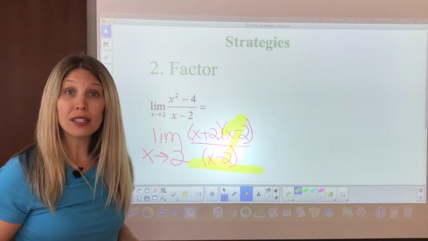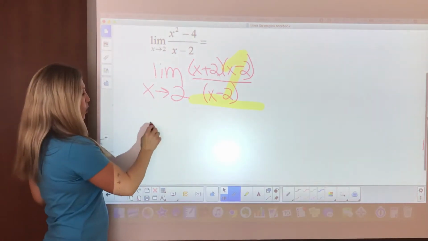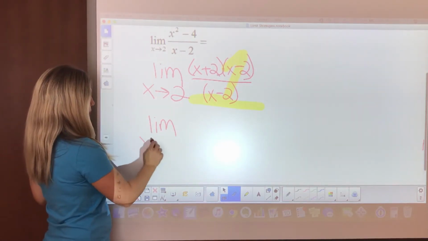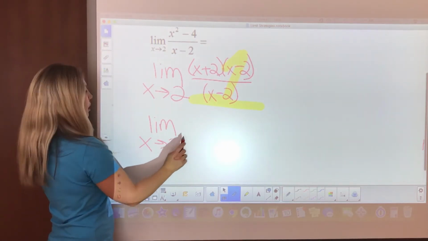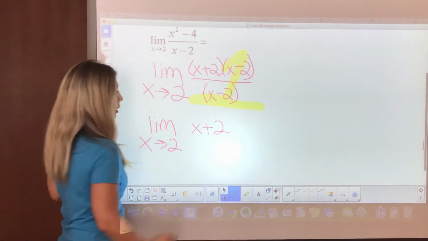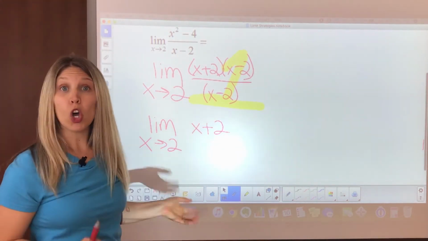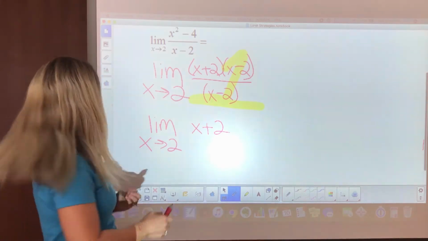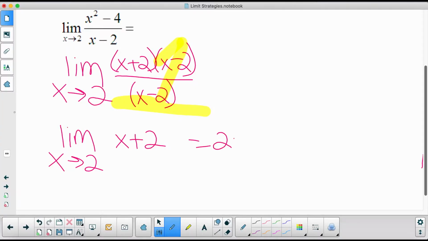So then where does this leave us? Now we're left with the limit as x goes to 2 of x plus 2. Now at this point, all you need to do is plug in your x value. So we have 2 plus 2, which equals 4.